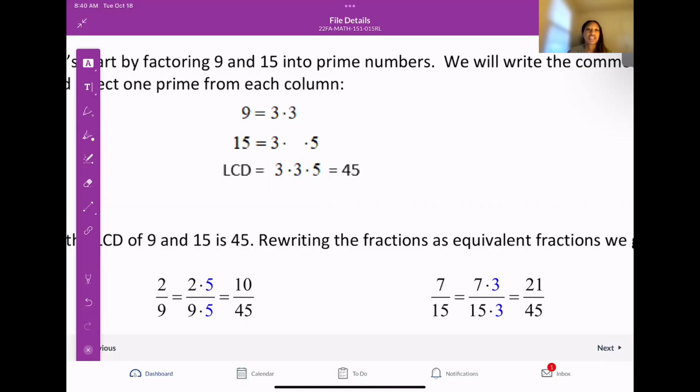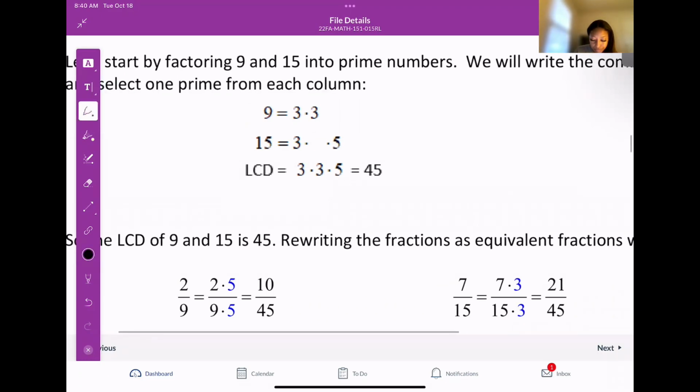You want to look at each unique term, in this case, each unique prime number, so the 3 and the 5, whatever the maximum number of times each term shows up in an expression, that has to be included in the LCD. What do I mean by that? Looking at the 3s, 9 has 2 3s, 15 only has 1 3.